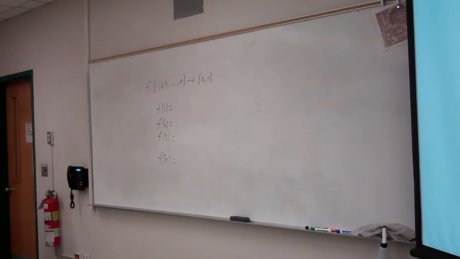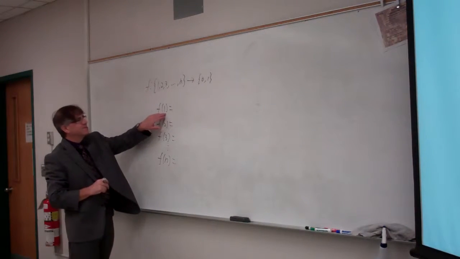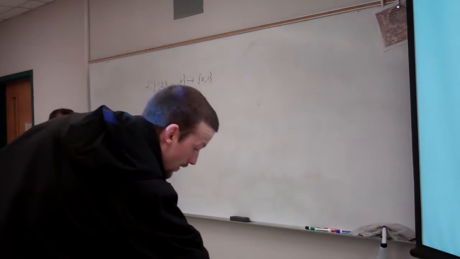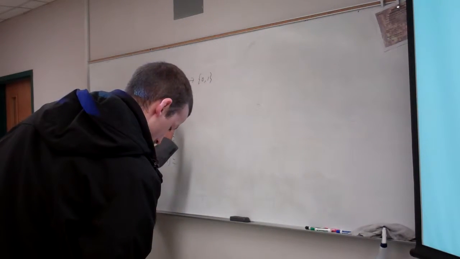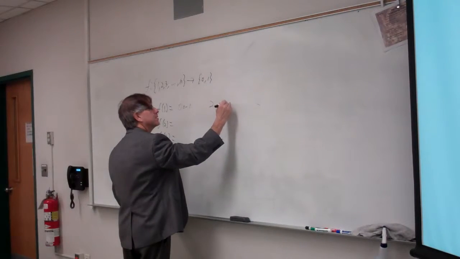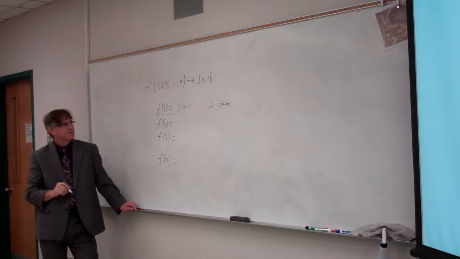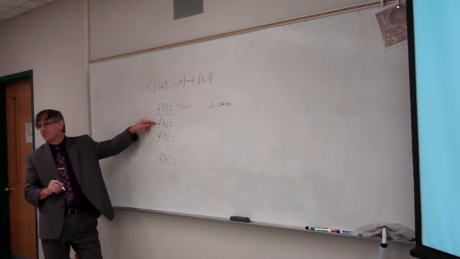2 for each. Right, how many different ways can I give f of 1 a value? 2. It could be either 0 or 1. So there's 2 choices in defining the value of f of 1. I also need to define the value of f at the point 2.